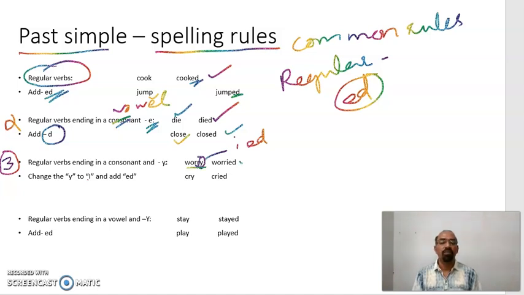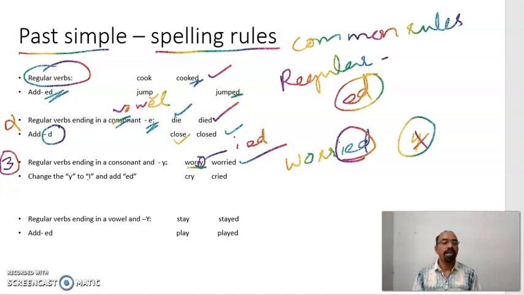Worry, worried. R-I-E-D. Look at the addition. I-E-D is included and y is cancelled. Next, cry. Here also the same rule. The word ended with y, but before y there is a consonant sound. So we have to remove y and add IED. Cried.